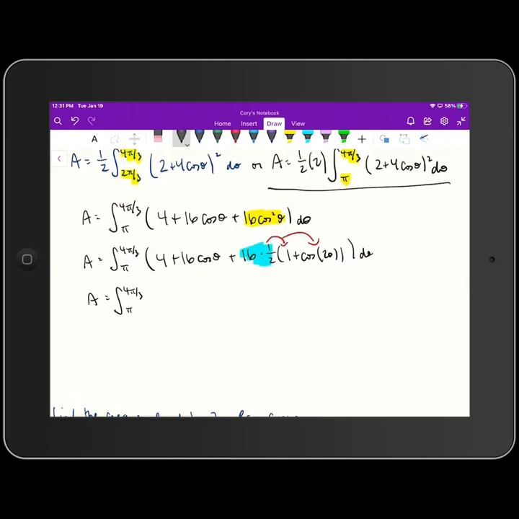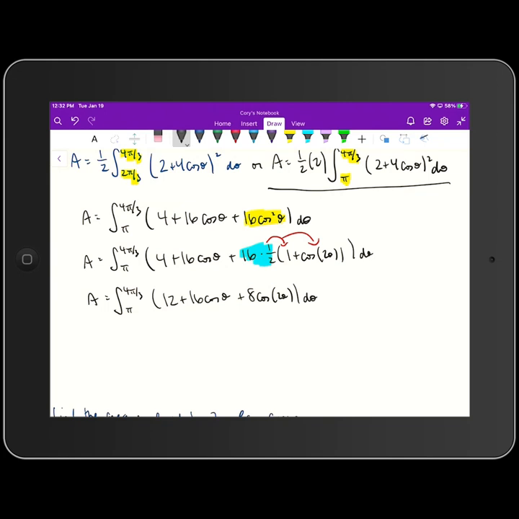So 16 times 1/2 is 8. 8 times 1 is 8. 8 plus 4 is 12. Plus 16 cosine of theta. When I distribute 8 across the next term, we get plus 8 times the cosine of 2 theta. And then we are integrating that with respect to theta.